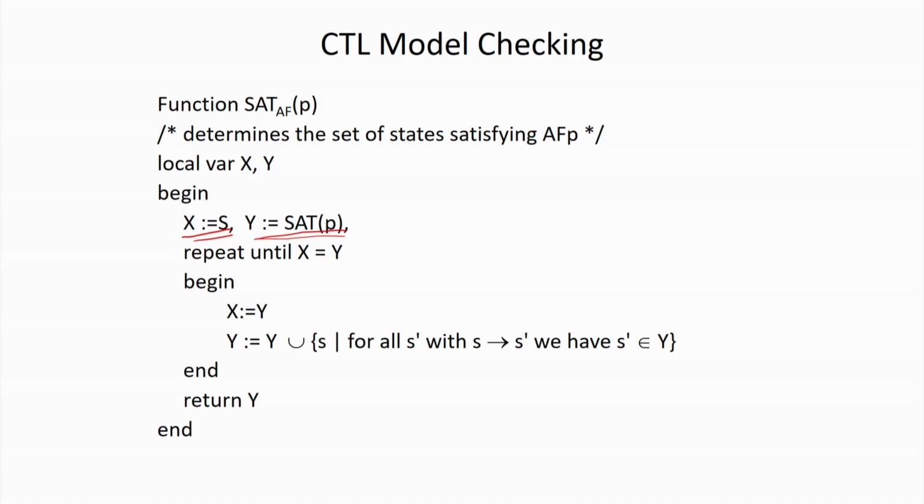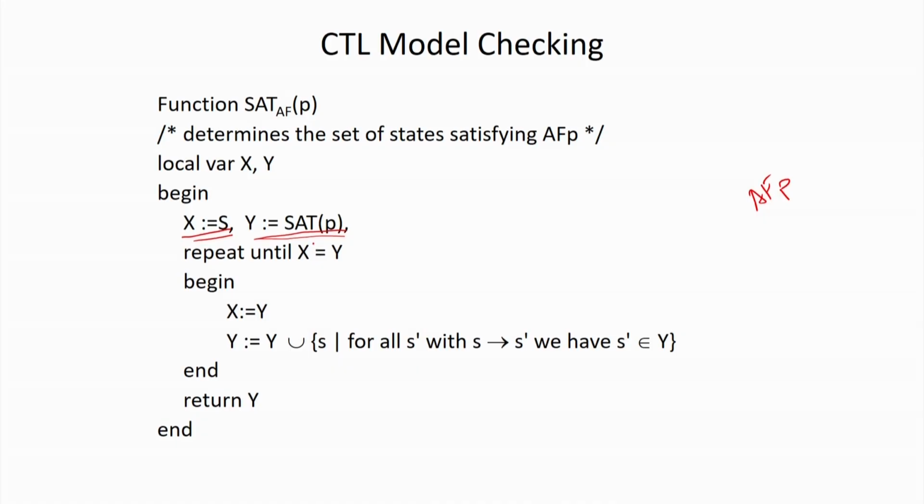Now, repeat until x equals y. We are going to repeat it like that until x becomes equal to y, and initially I am going to mark x is equal to y. That means, wherever P is true in that particular state, AFP is also true, because as per our notion, the future includes the present also.